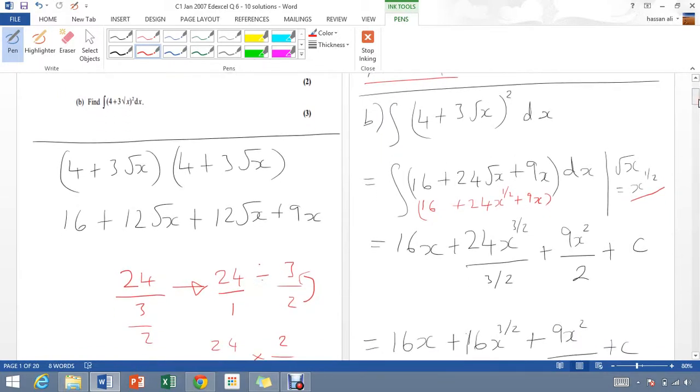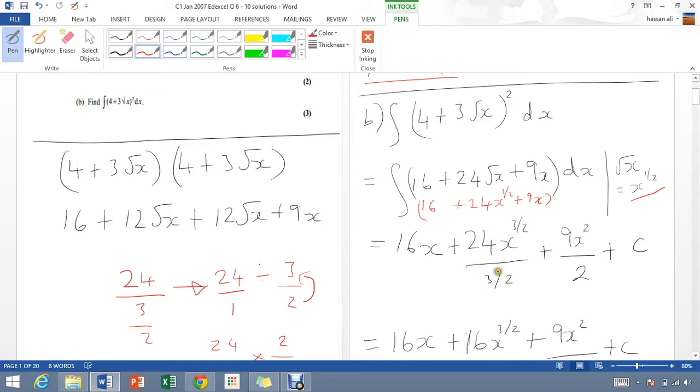Just bear in mind that you're adding one to the power. So 16 will just give you 16x, then 24x to the power of a half plus 1, and you divide by the new power. Then you've got 9x squared, divided by the new power, and don't forget your plus c.